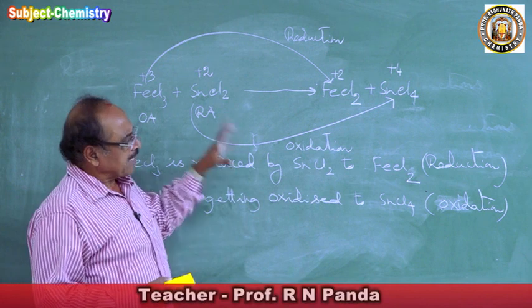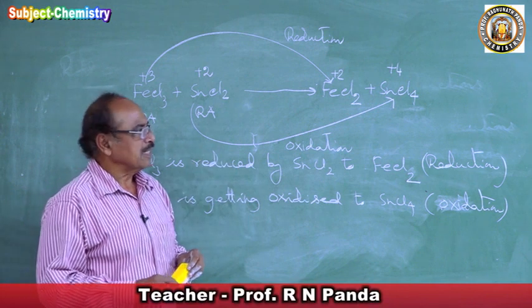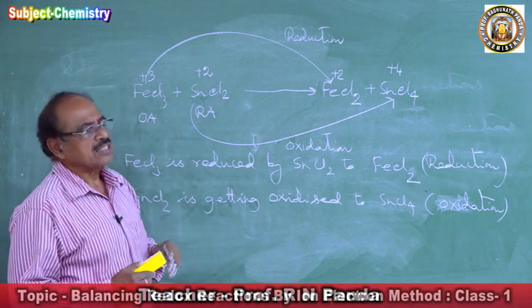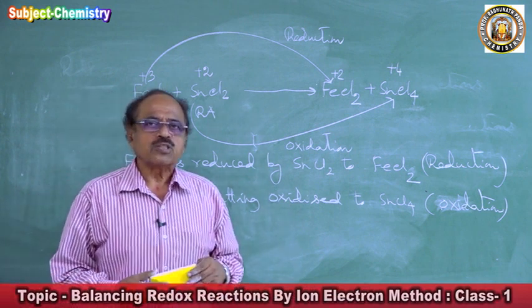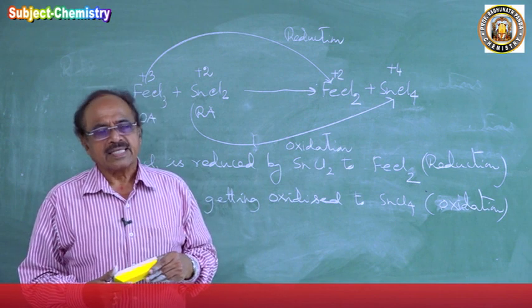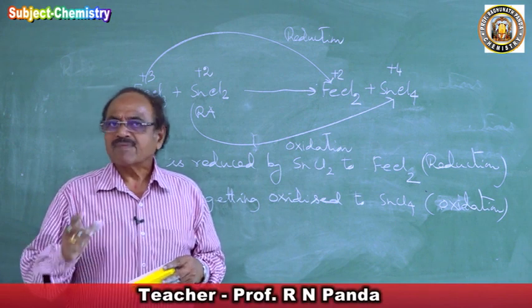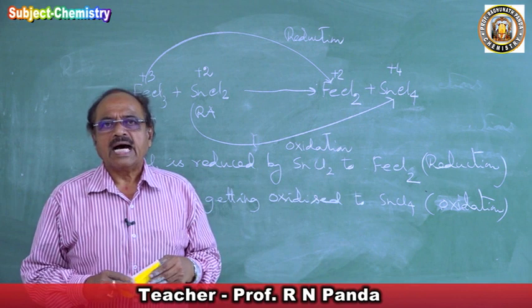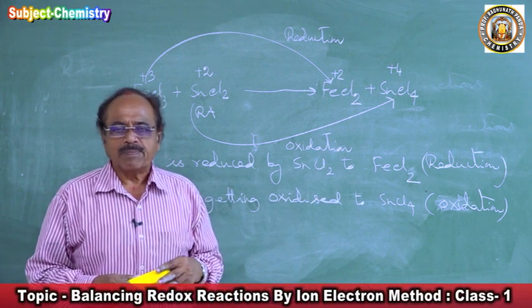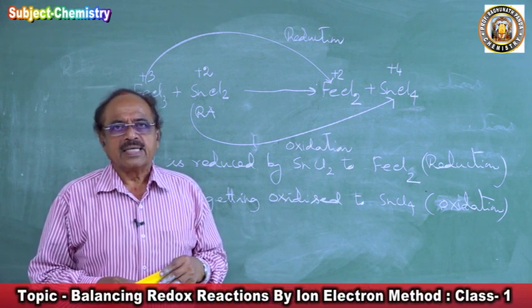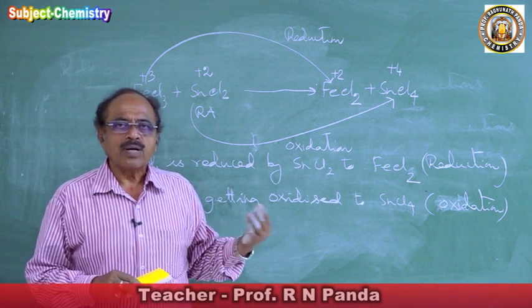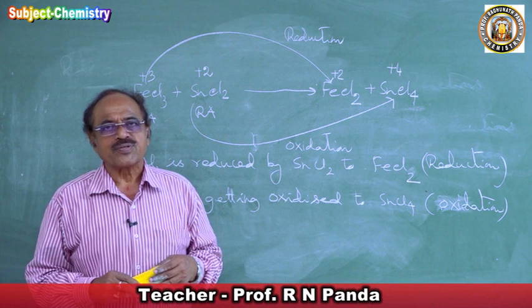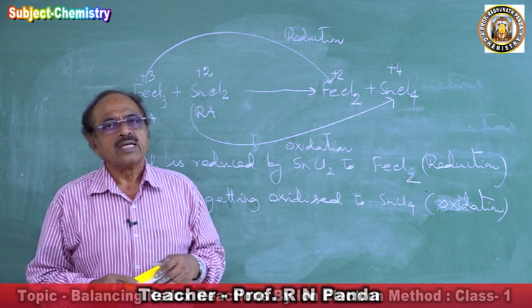Now we will come to oxidation reduction reactions. These reactions are generally balanced by the partial equation method, and they are also balanced by the ion electron method. We have learnt already how to balance equations by the partial equation method. Now, with that knowledge, we will come to balancing equations by the ion electron method.